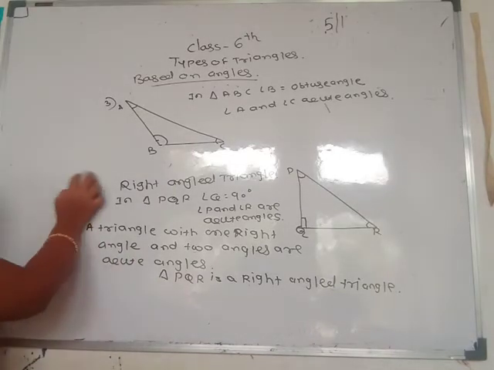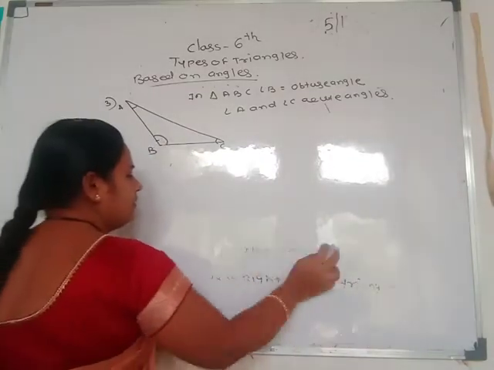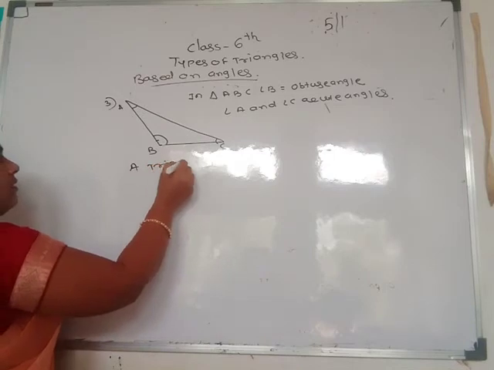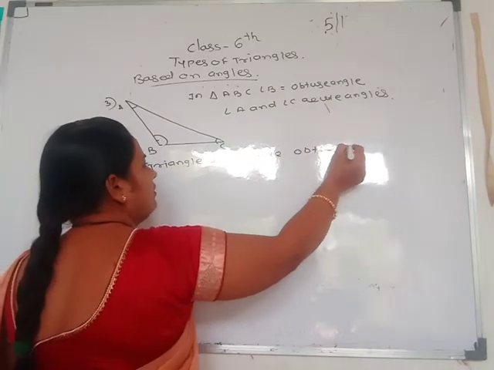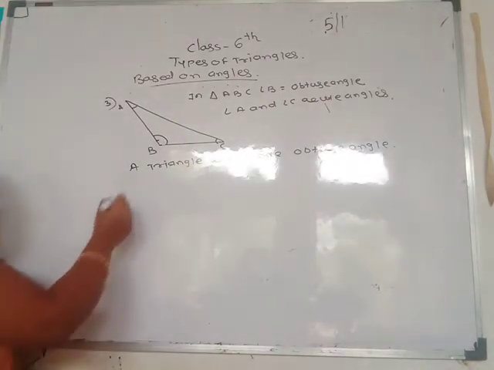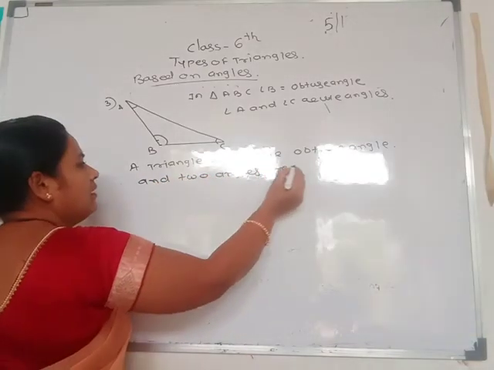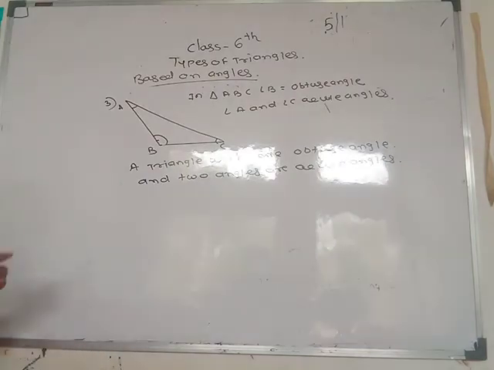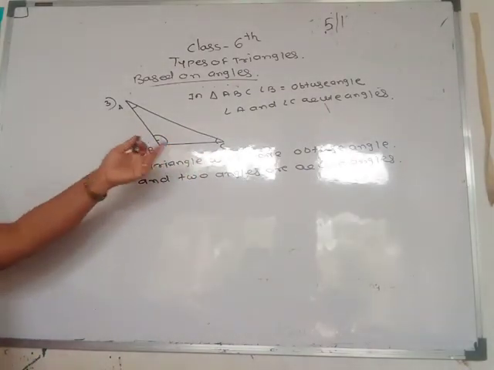Definition: a triangle with one obtuse angle and two acute angles.